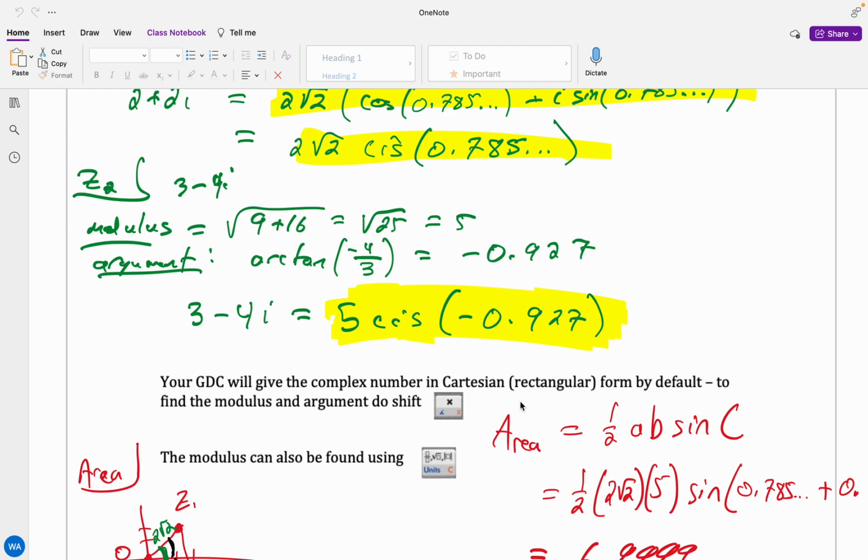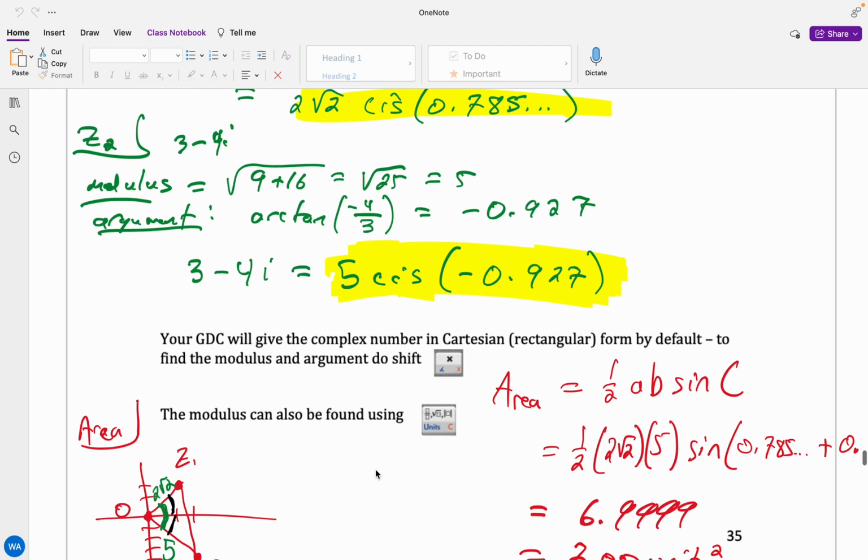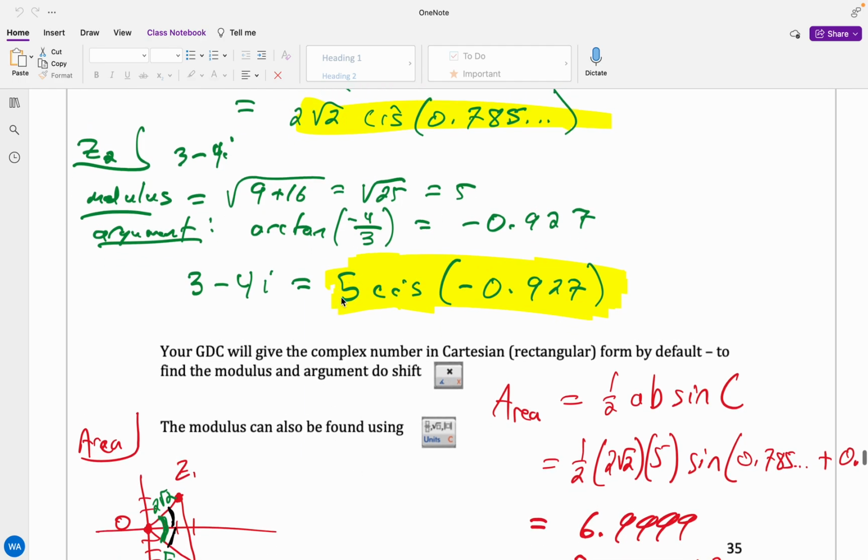So if I type 3 minus 4i and hit enter, it will just give me 3 minus 4i again. But if I click shift multiply, which gives you this little angle symbol here, it will switch it to polar form. And so it will list the modulus first, the 5, then a little angle symbol, and it will list what the argument is.